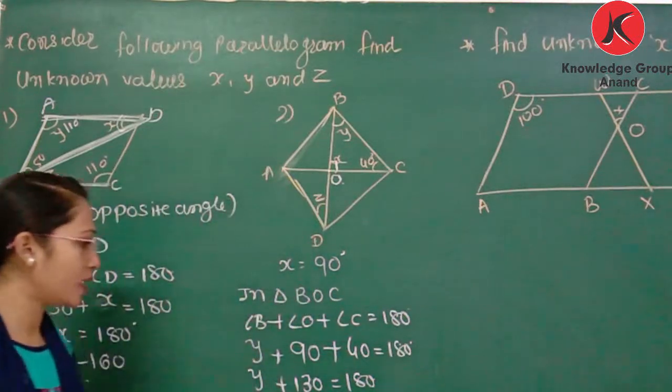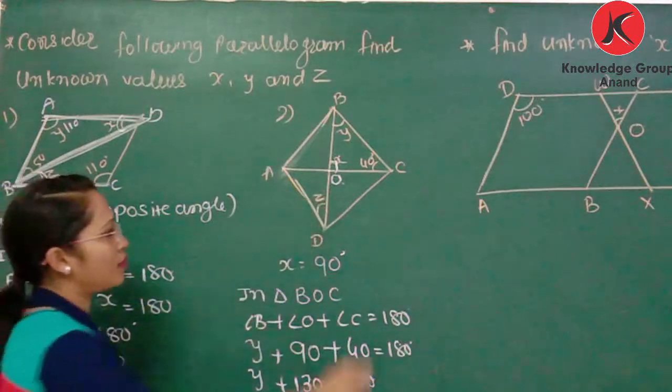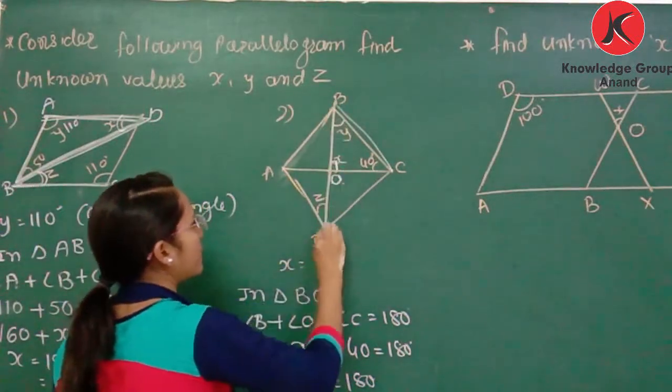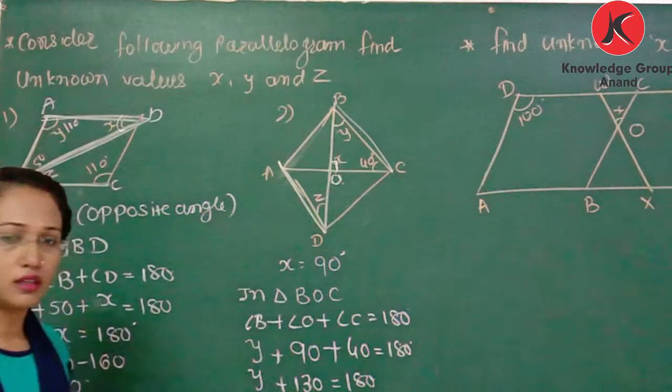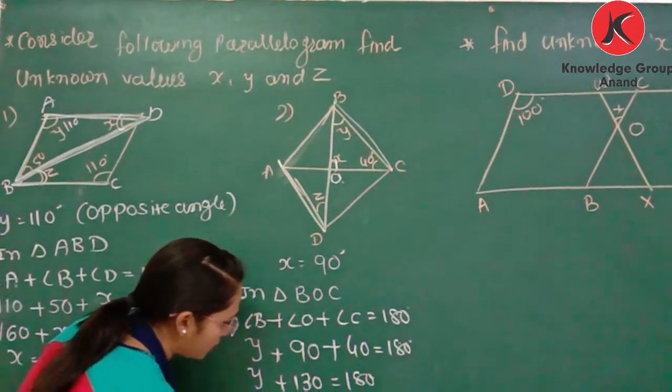So what is angle y? That is 50. Now y and z are the same. Why? Because they are again alternate angles. So z is also 50.